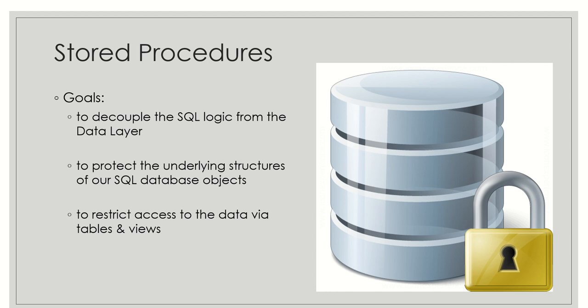So we do that to protect our tables and views and also to protect our data that is stored inside of them. We also want to keep that separation between the responsibilities of the database versus the responsibilities of the library.